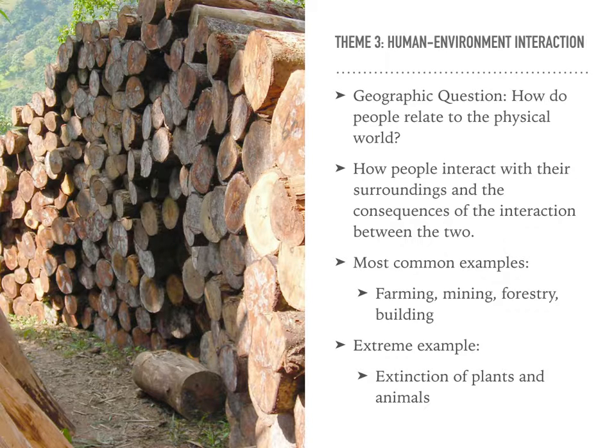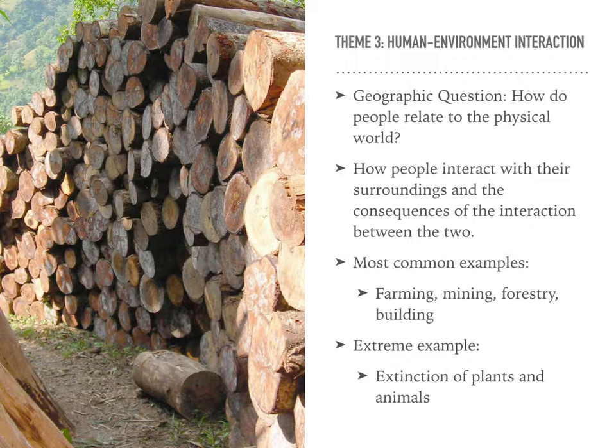So if I wanted to look at how farming impacts the environment, I would have to also look at the consequences of me farming a certain good in order to be able to say that I have studied human-environment interaction.